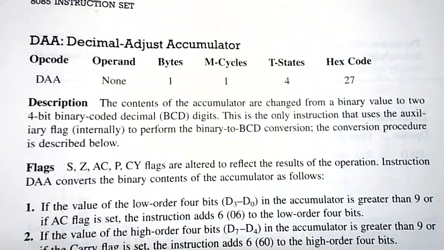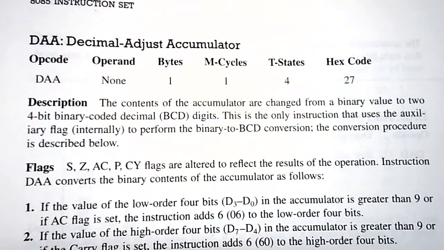It says this is the only instruction that uses the auxiliary flag internally to perform the binary to BCD conversion. And it says the procedure for the conversion is described below. Now the flags, they're all altered to reflect the result of the operation.